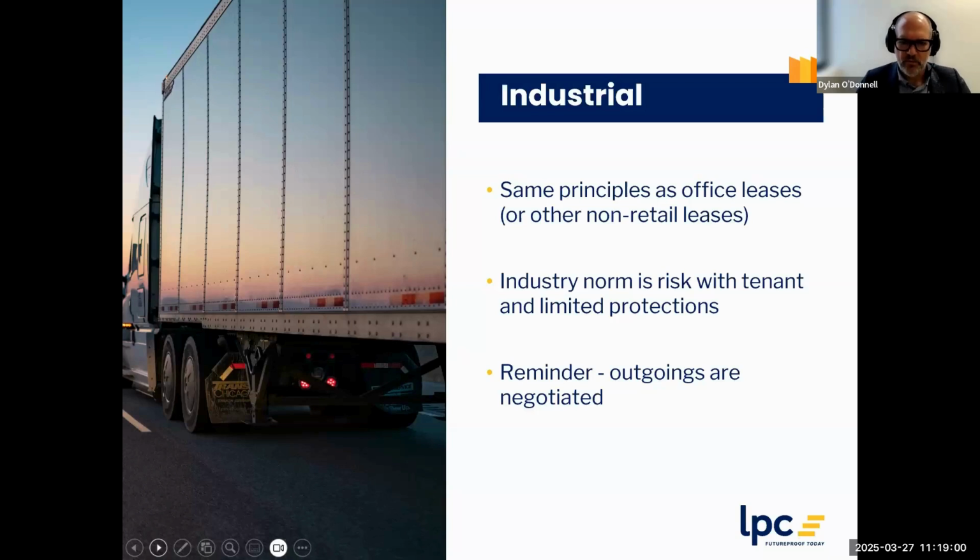In this case, that same reminder applies: everything associated with outgoings can be negotiated, whether that is a cap on outgoings for the first 1 to 3 years of a long-term lease, for example, or taking control of management of certain line items.